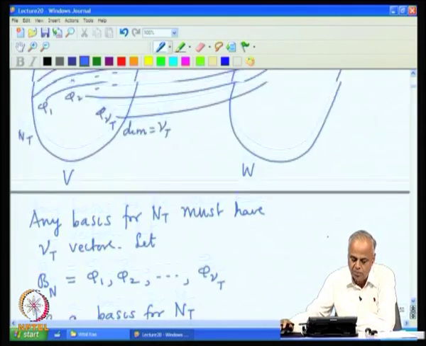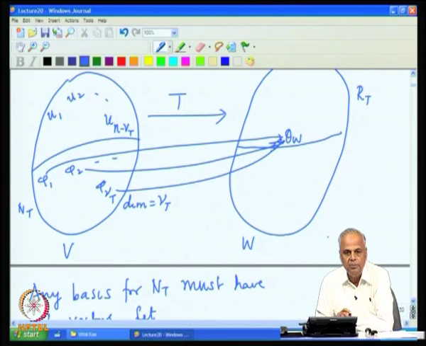That is the first observation, because all these vectors are in the null space of T.